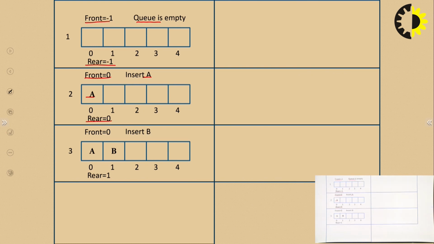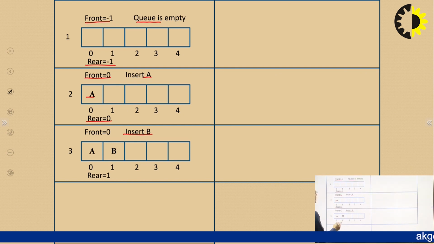Now in the next step, for example, we are trying to insert a new value, capital B. In this case, insertion is always done at the rear end, so B is inserted after A. Only the rear value will be updated, front will be as it is, that is 0, and rear will be 0 plus 1, that is 1.